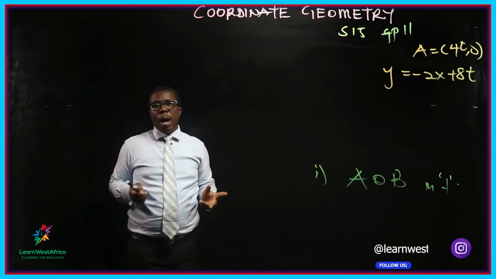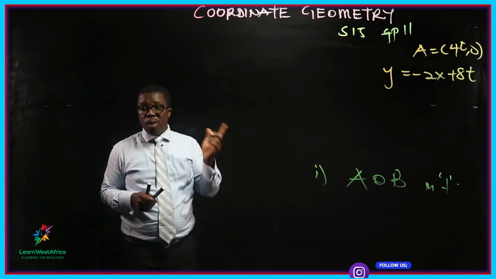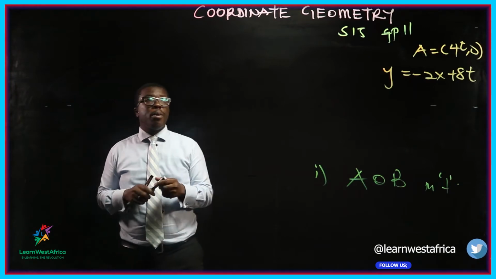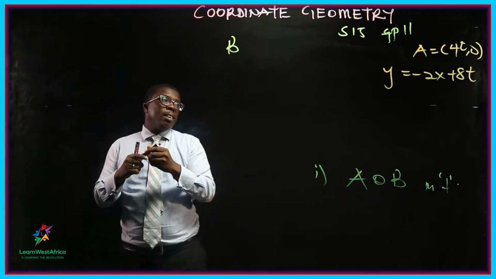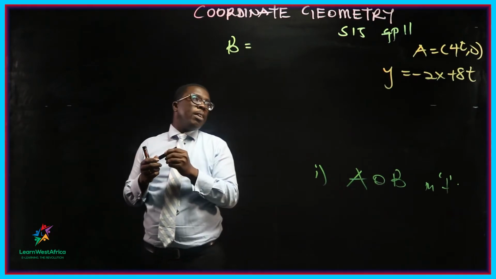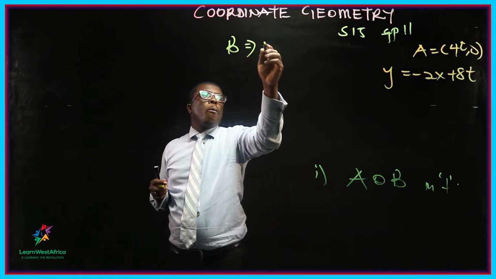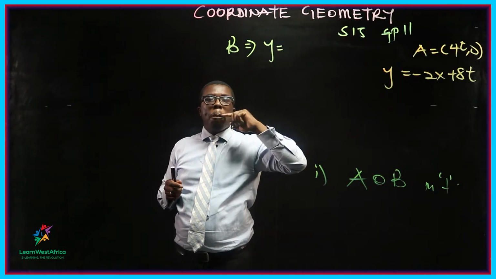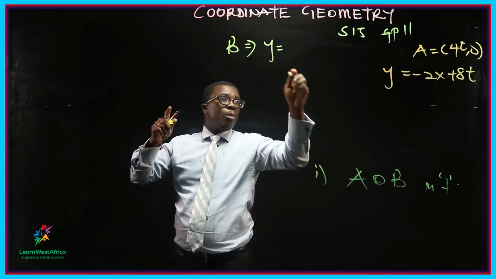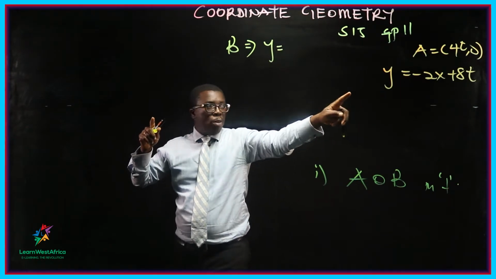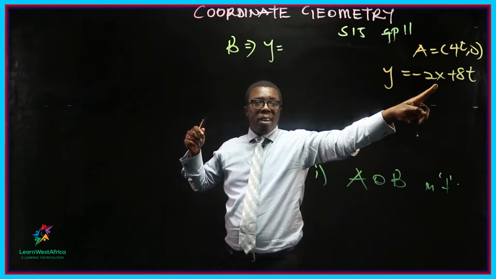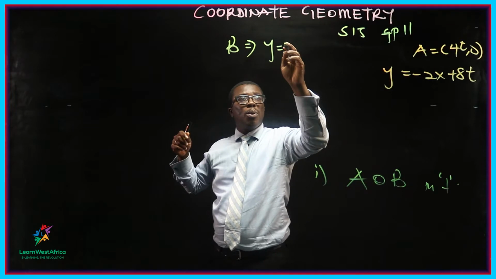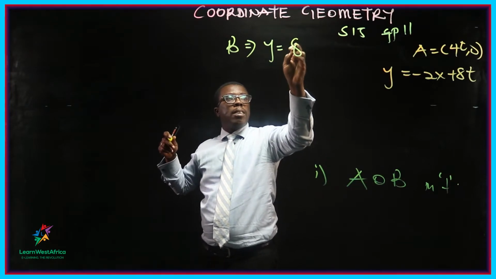So on the y-axis, what happens? Your B is on the y-axis, and on the y-axis, x is equal to 0. So what's going to be the value of your B? y is equal to, on the y-axis, x is 0. When you put 0 here, obviously you get 0 for the first part, so that's going to give you 8t.